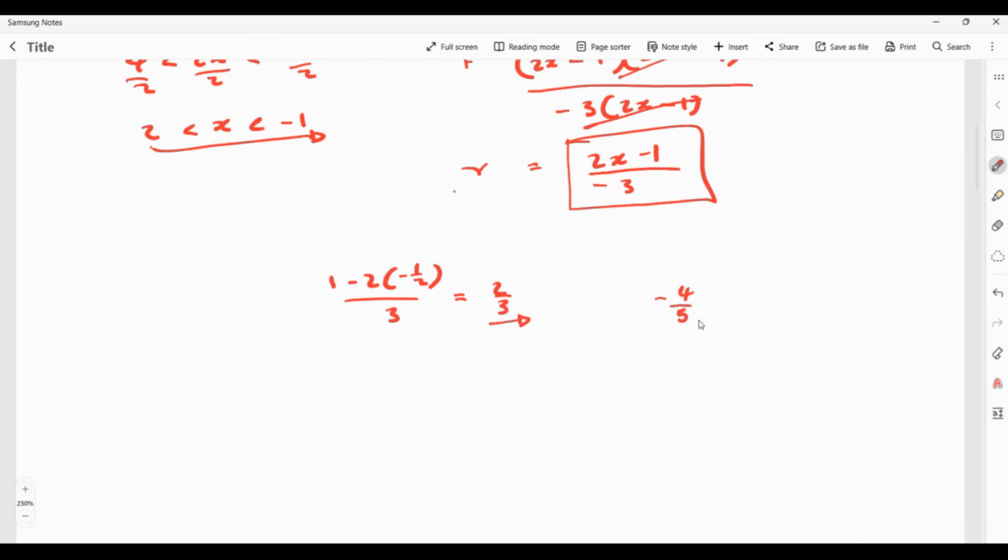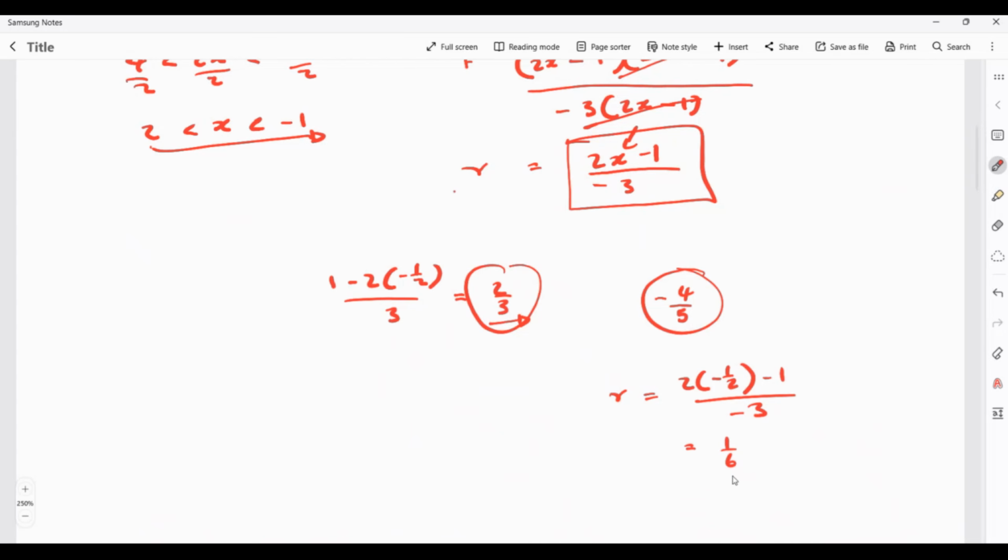Now, because I have these two values, I need to find my r, the common ratio. To find the common ratio, you can also just put it over there. You can simply say 2 into negative 1 over 2 minus 1, divided by negative 3, and this will give you 1 over 6.